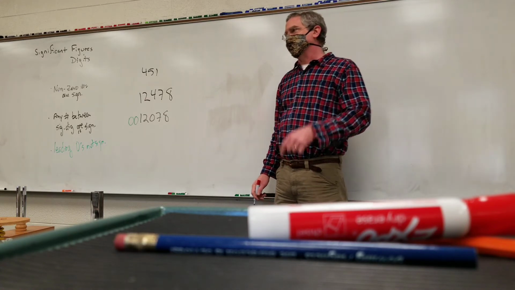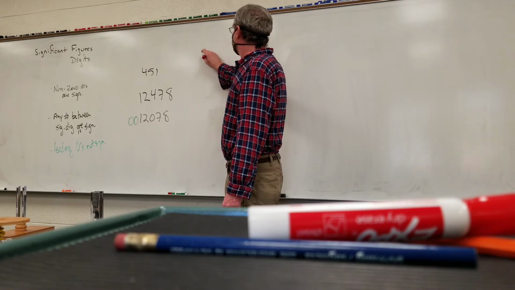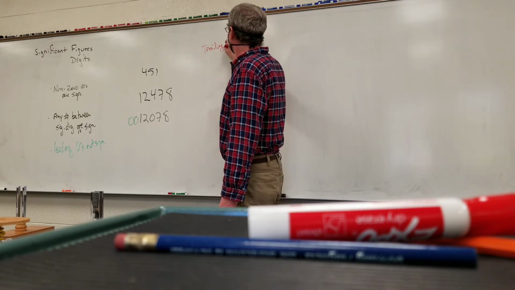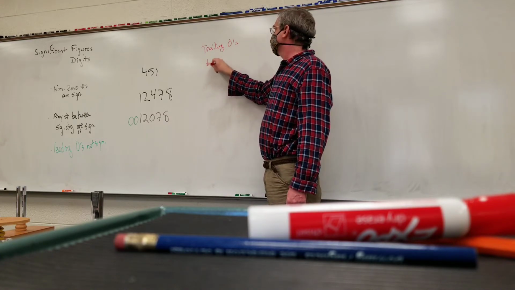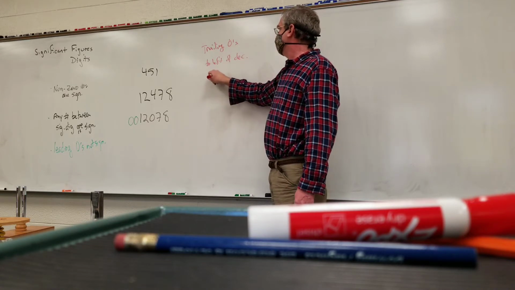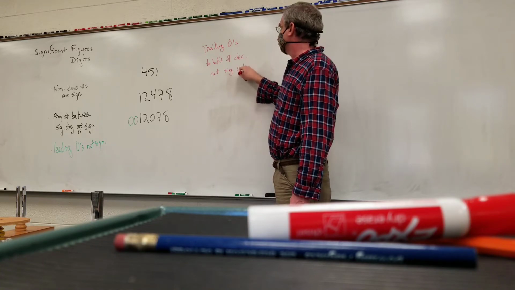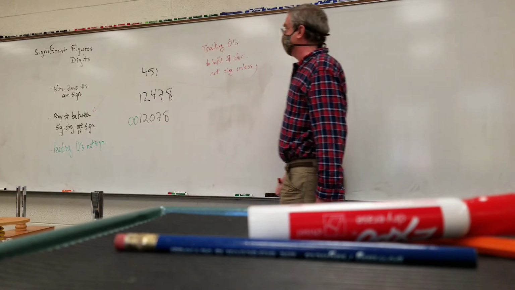The trailing zeros. Trailing zeros to the left of the decimal, not significant, unless it's between others that are significant.